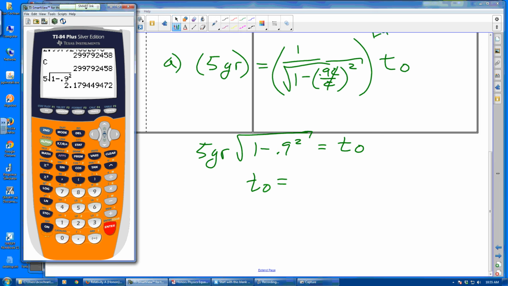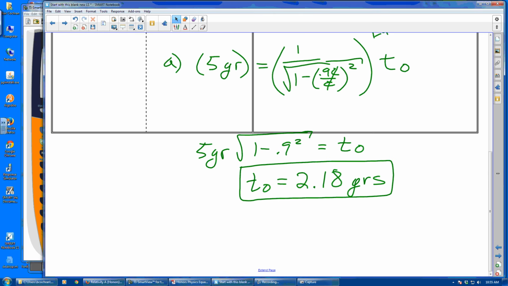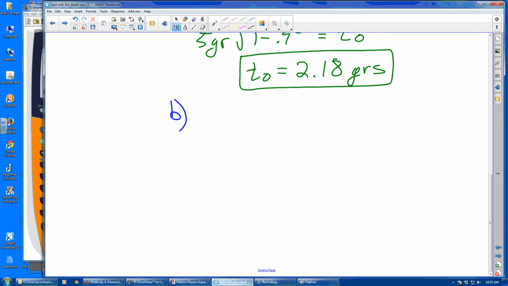I get 2.18 years. So if 5 years has passed on Earth, if that's what they meant, then only 2.18 years have passed on the Enterprise. If you get a number that's larger, check your math, because you've made a mistake. Larger than 5. Yeah, let me guess, you're 0.85 or something, or 0.86, see?